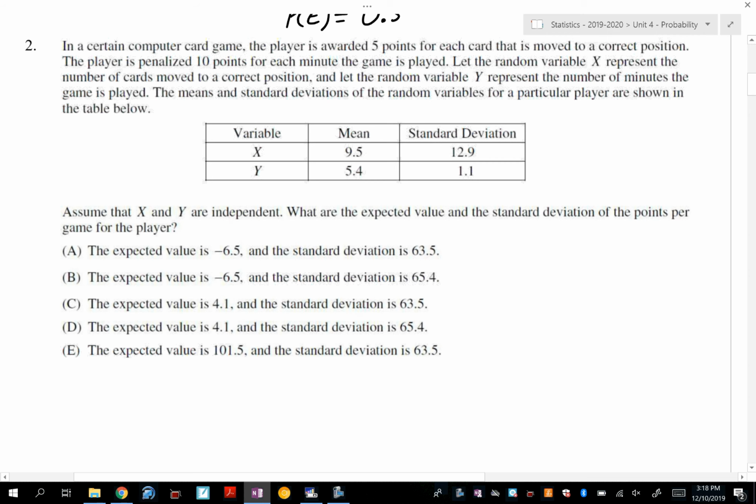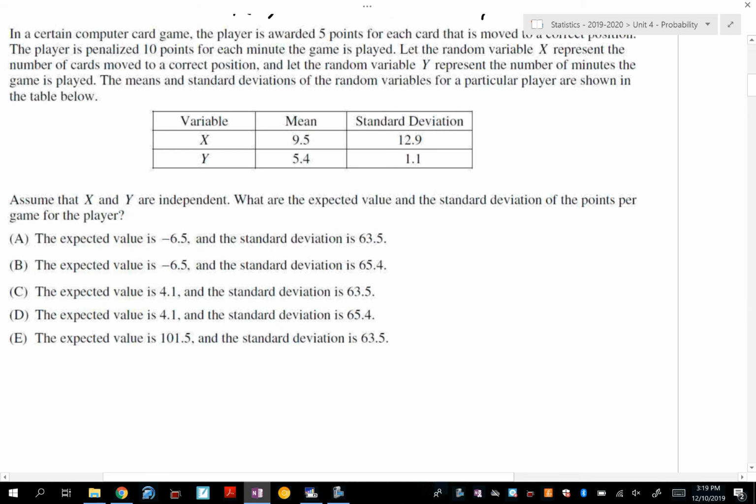So x and y is just giving you the mean and the standard deviation for the number of cards they move into the right spot, and then y is how many minutes it took them to finish the game. All right, but the first 2 sentences tell you they receive points for moving the cards in the right spot, and they get penalized if they take more time. Okay? So the first thing I did was I took my means of 9.5 and 5.4, and I multiplied them by 5.